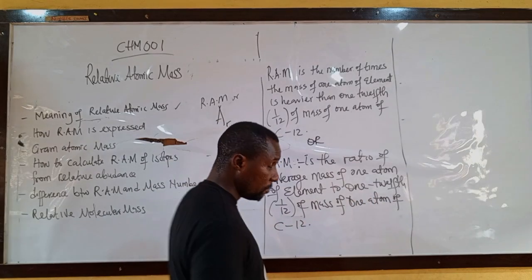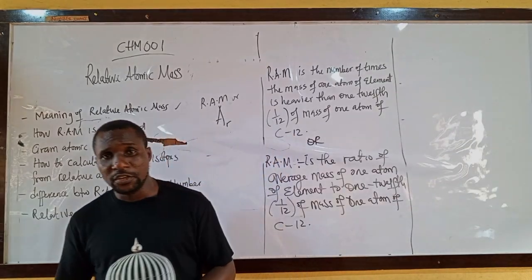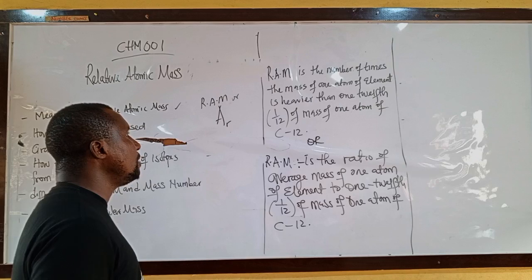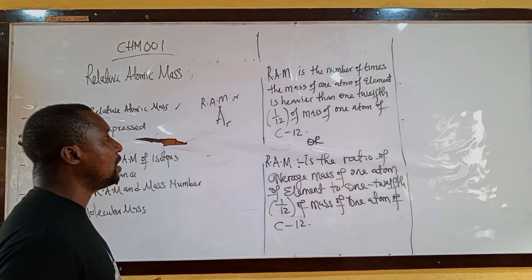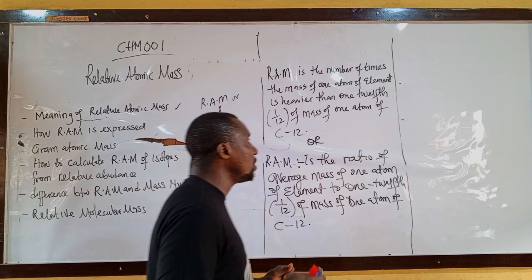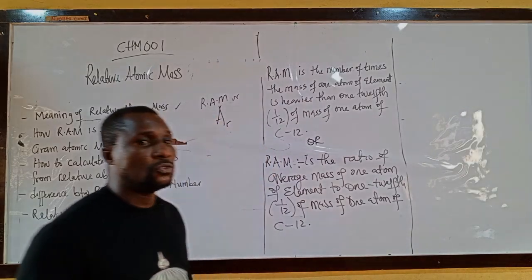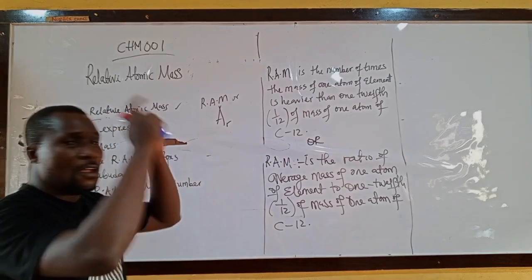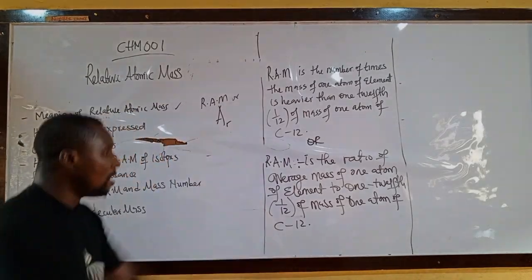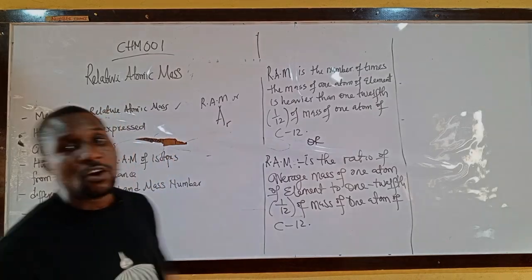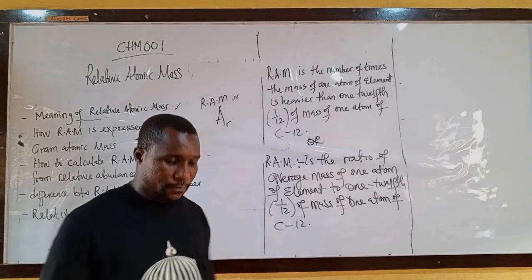Take note of that. That is the definition of relative atomic mass: the number of times the mass of one atom of an element is heavier than 1/12 of the mass of one atom of carbon 12, or the ratio of the average mass of one atom of an element to 1/12 of the mass of carbon 12.